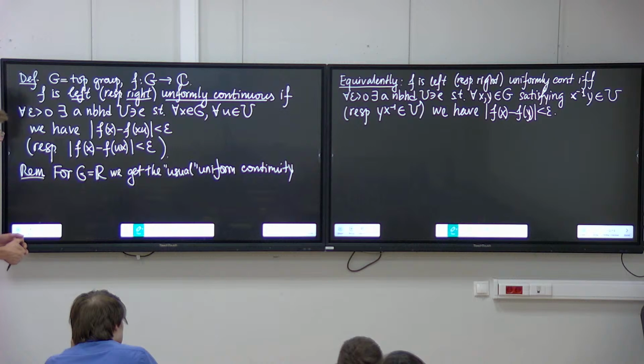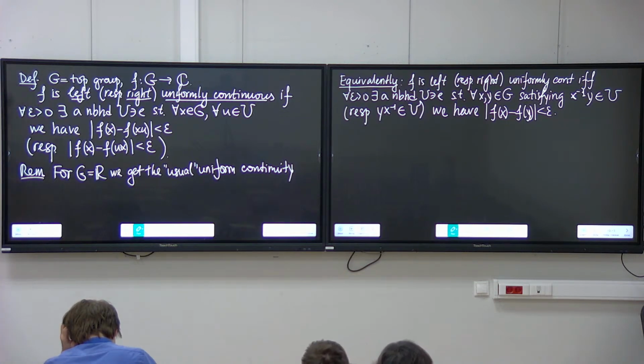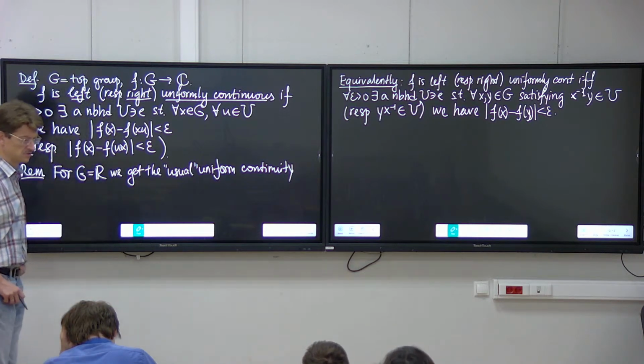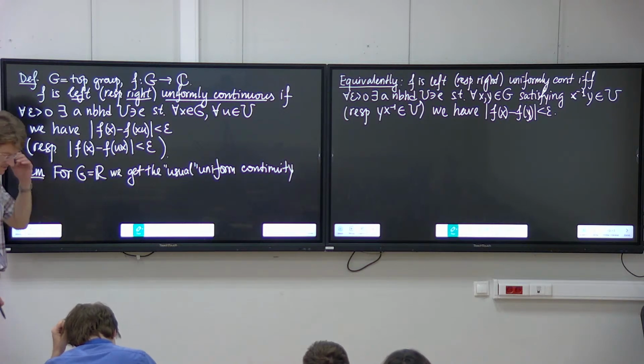By looking at this definition, we see that it is somehow similar to the uniform continuity of a function defined on a metric space. Formally, these two types of uniform continuity are different. I mean the uniform continuity on a topological group and the uniform continuity of a function on a metric space. They are not special cases of each other.